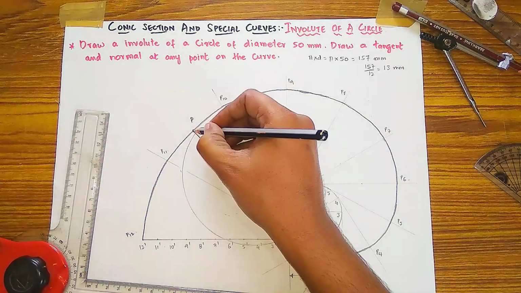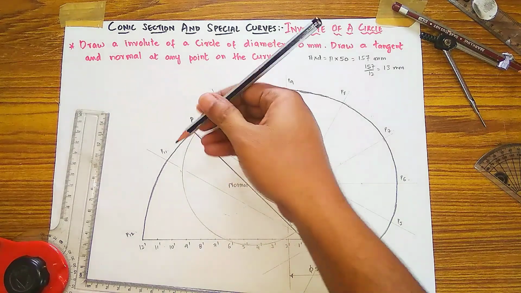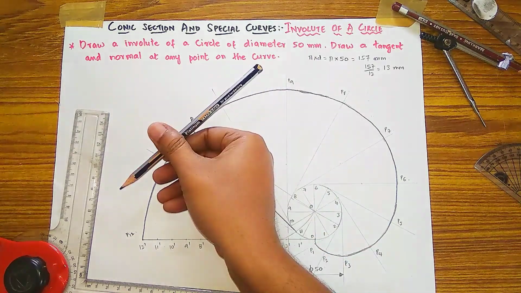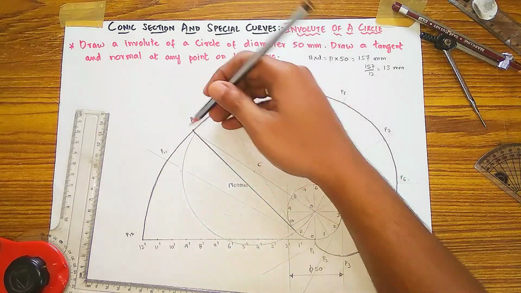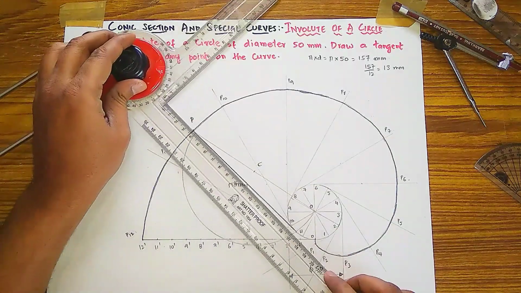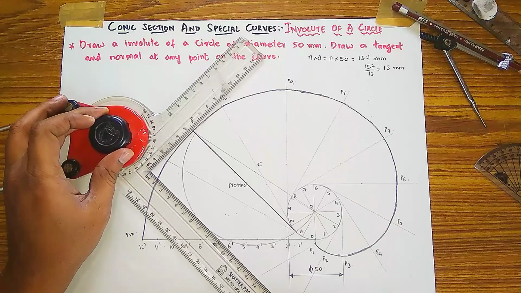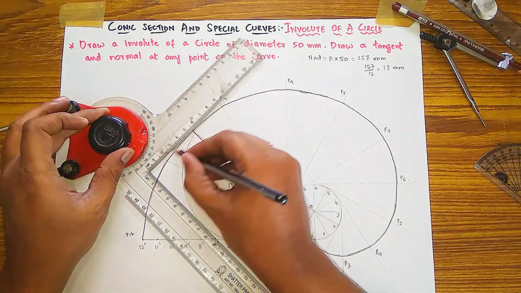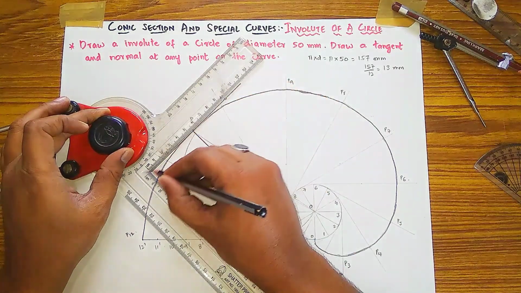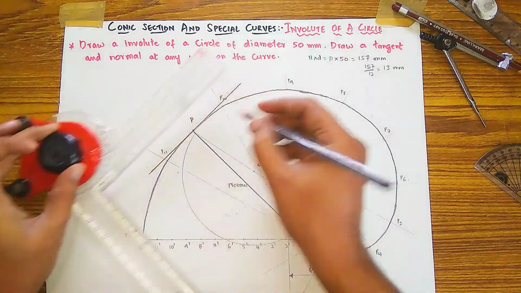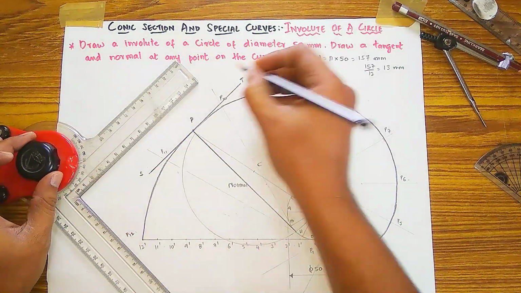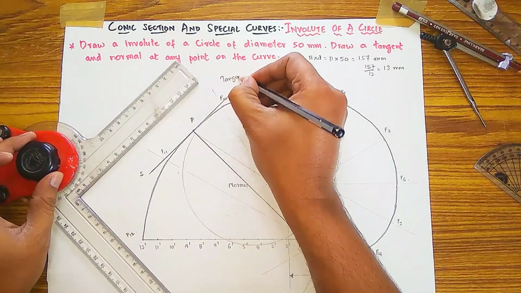Then according to the normal, your tangent you have to draw. The tangent will be perpendicular to this normal. So you have to adjust your mini drafter and draw a perpendicular line according to this normal, darken, and this is your tangent, from S to T. This is the tangent.